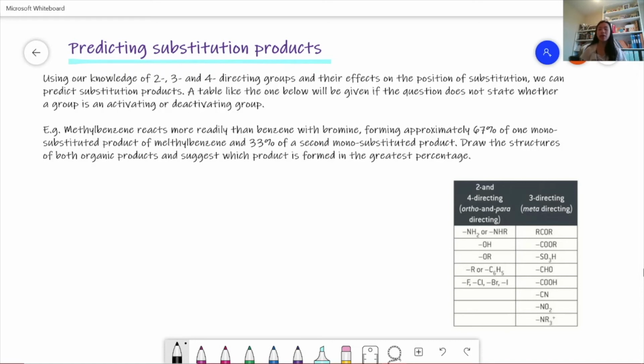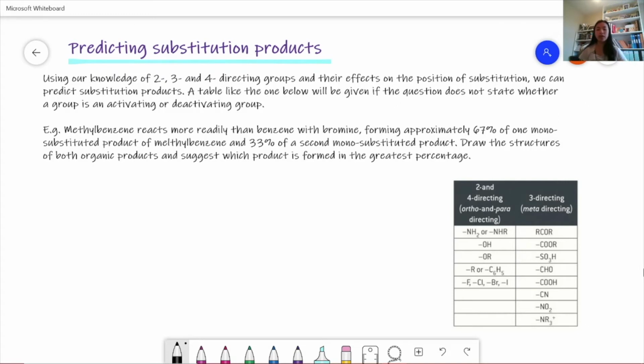For example, methylbenzene reacts more readily than benzene with bromine, forming approximately 67% of one monosubstituted product of methylbenzene and 33% of a second monosubstituted product. Draw the structures of both organic products and suggest which product is formed in the greatest percentage.